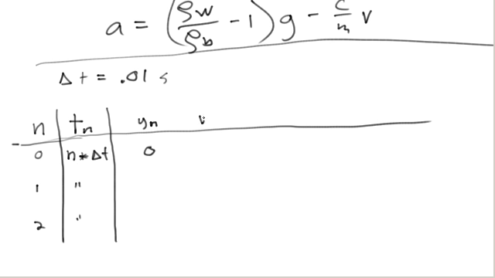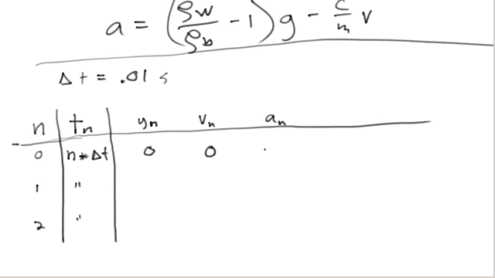V sub n, zero, and a sub n will be this expression, which with v equal to 0, it starts out just being equal to that.